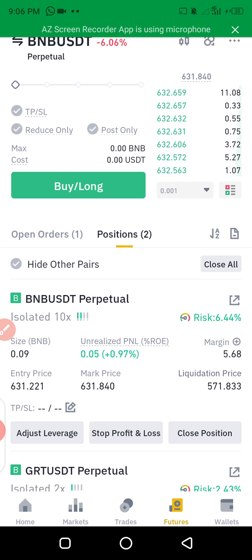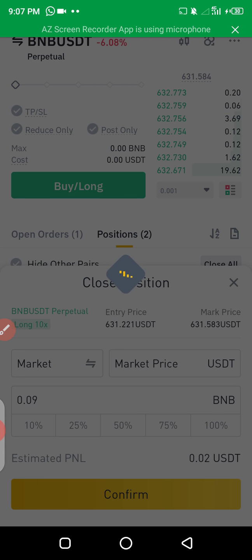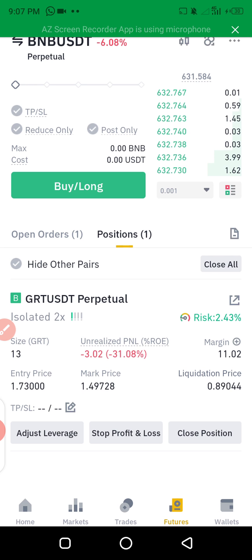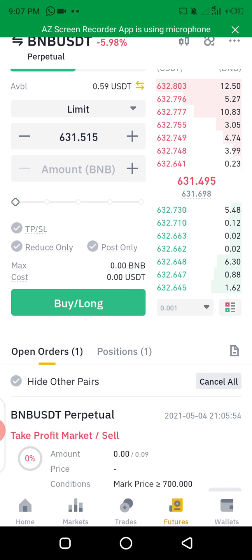Close position. My network is rather poor here. Confirm. Click on confirm. So I automatically closed the position with a slight profit, so my balance will be updated now. The balance ought to be updated.